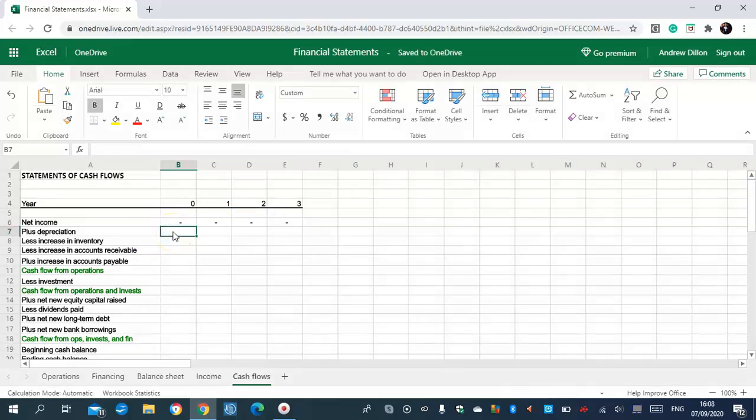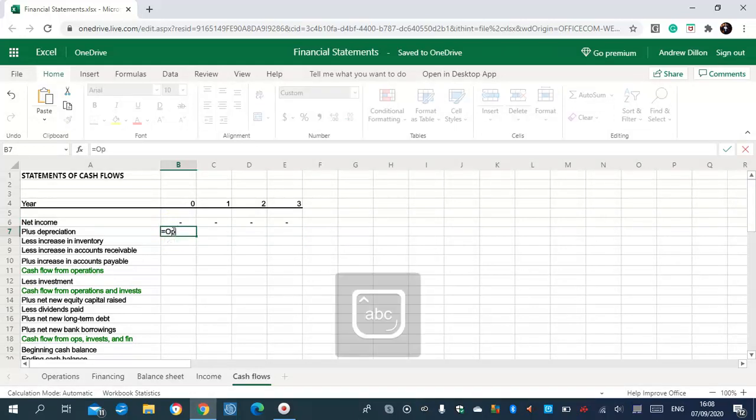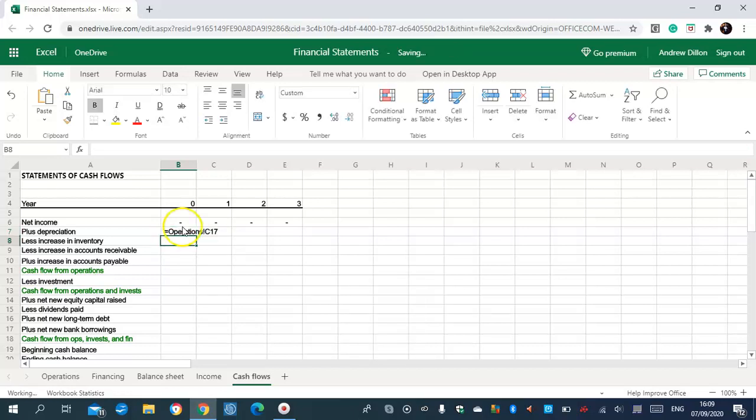Yeah, plus depreciation. Less increase in inventory.